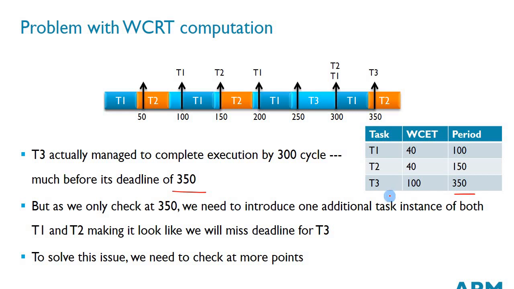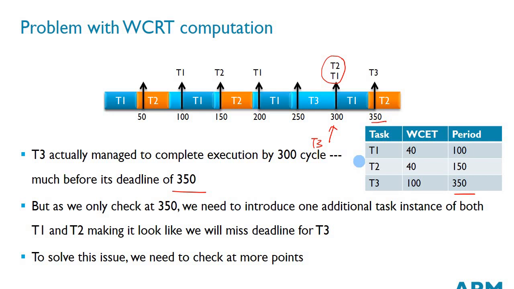But if we saw earlier, by time instance 300, task 3 is already done. But at time 300, you also launch another instance of task 1 and task 2. That is why when you look at 350, you feel that you don't have enough time.